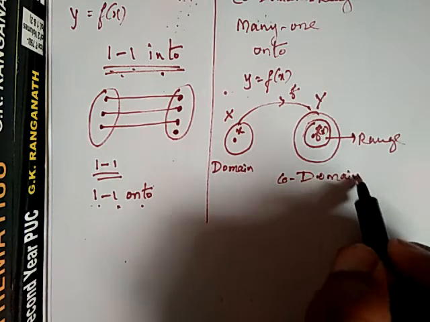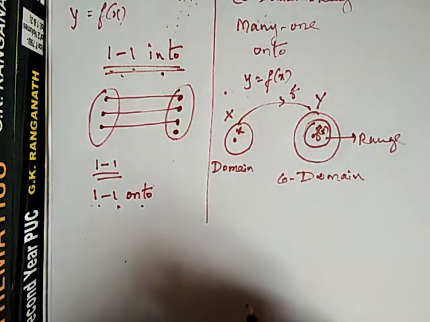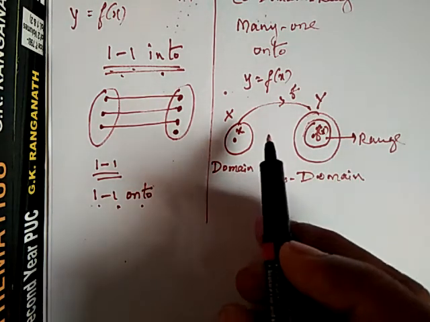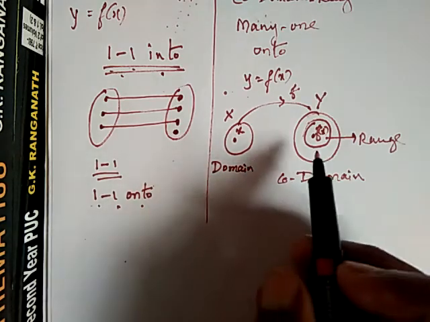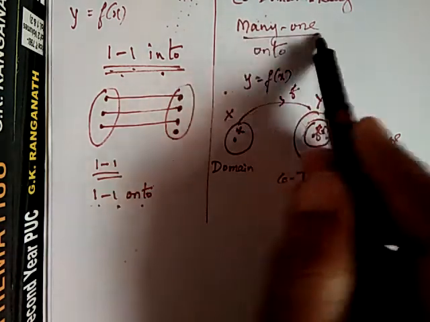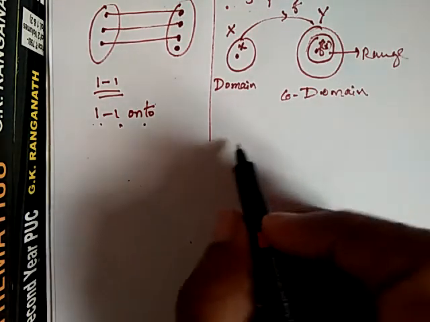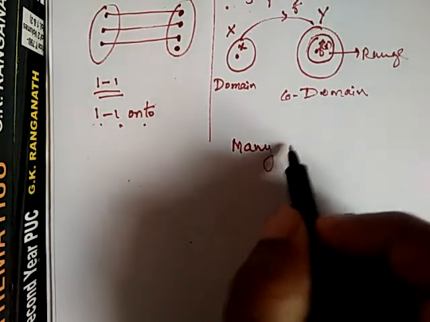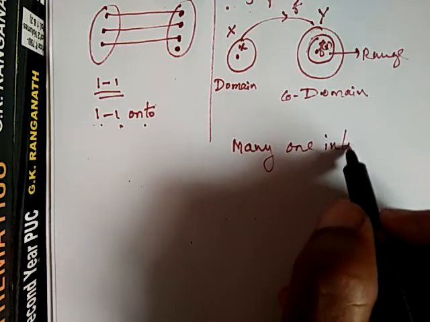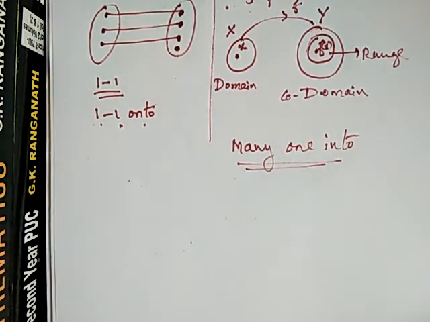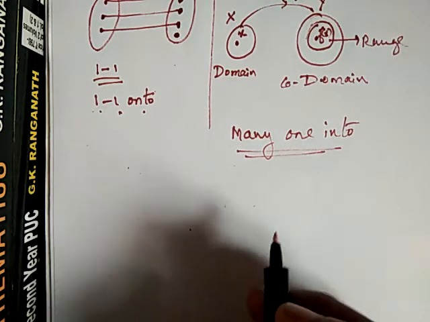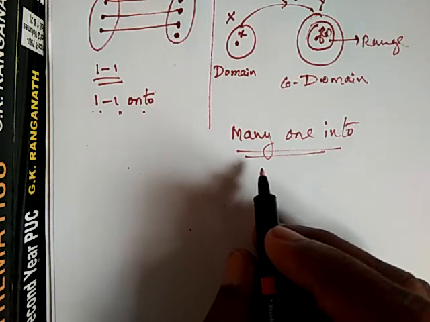I hope you are understanding very well, so please listen carefully. When the range is equal to codomain, then we can say that a many-one onto function exists. Similarly, when we say many-one into, the same concept is used as in the one-one function.